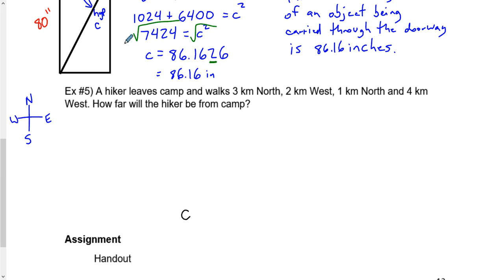is to your left. So if we're going to draw this, 3 kilometers north means we're going to go up. We're going to make it 3 kilometers. Then we go 2 kilometers west. That would be 2 kilometers. 1 kilometer north.